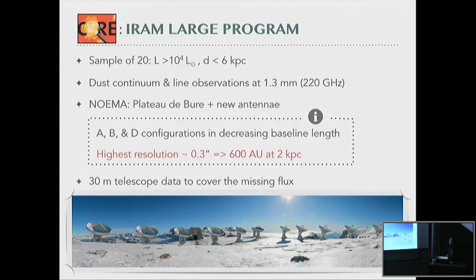Our combined data set resolves the cores at about 0.3 arcsecond resolution. At a distance of about 2 kiloparsecs, this is about 600 AU scales. We also obtained 30-meter telescope data in order to cover the missing flux. In combination, our 30-meter telescope and NOEMA data let us probe many different scales.